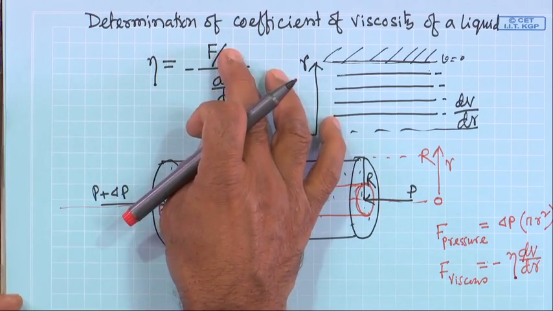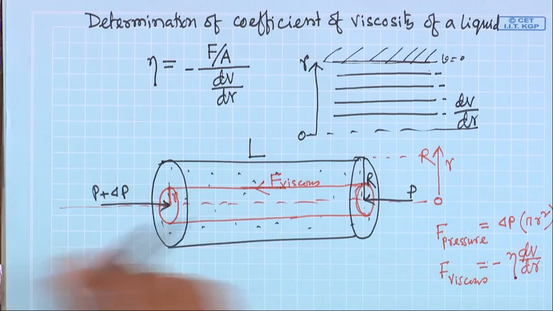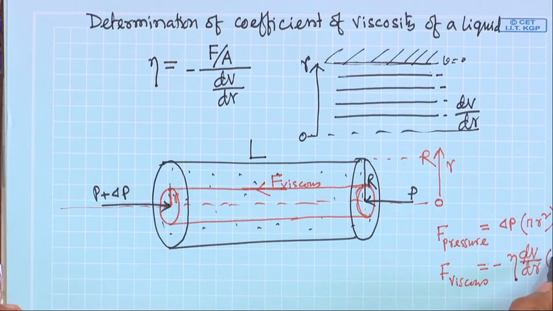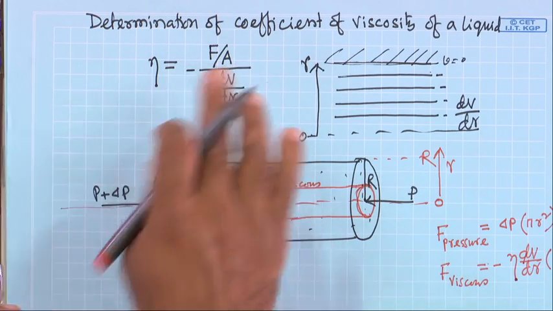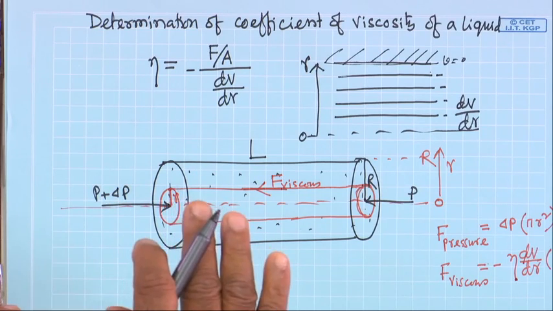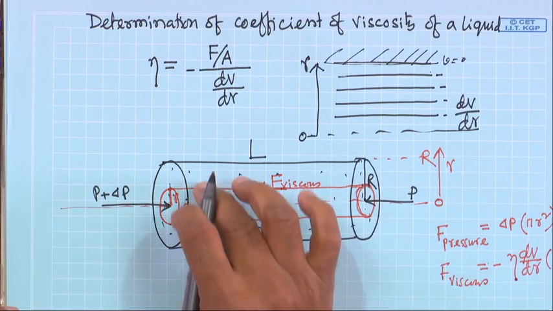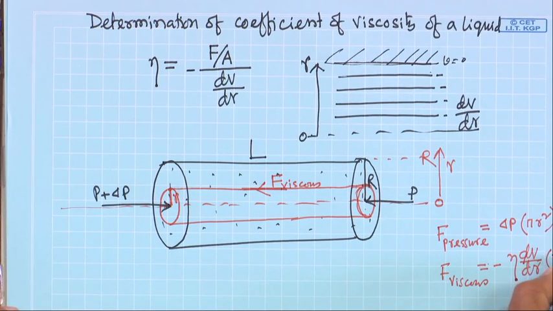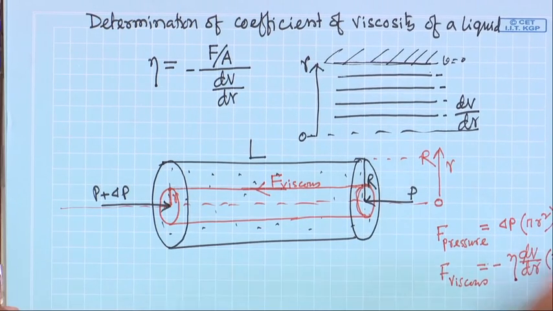This area is the surface area of the cylinder, because eta is force per unit area, so it is the surface area of the liquid. The cylindrical surface is 2 pi r L, where the length is L. So, this will be the viscous force.